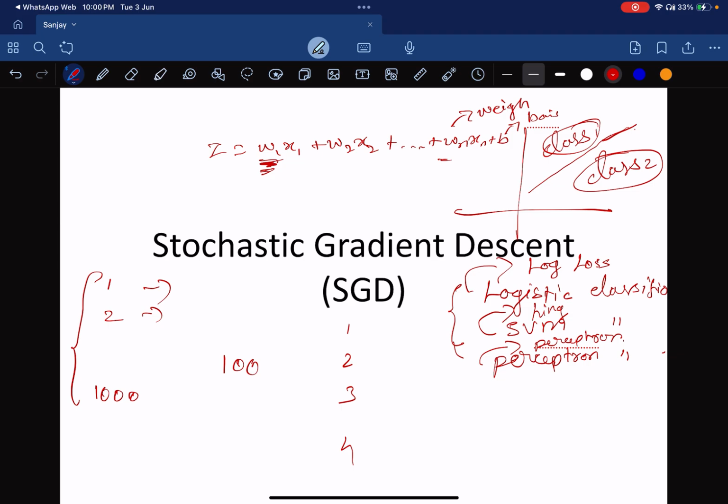But in stochastic gradient descent, it will only update its weights based on single points. This means it will find the prediction for a single data point, find the loss, and update the weights based on that one single point. For example, before finding the hyperplane, if I plot the data points, it will look like this.